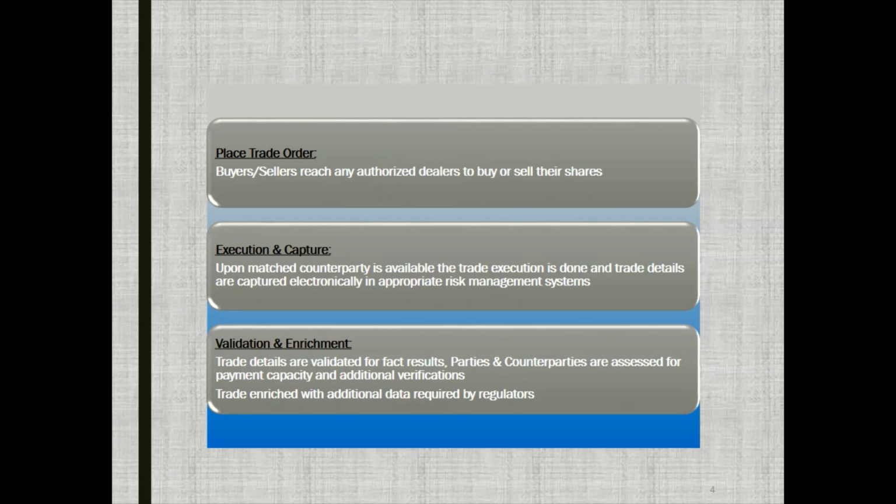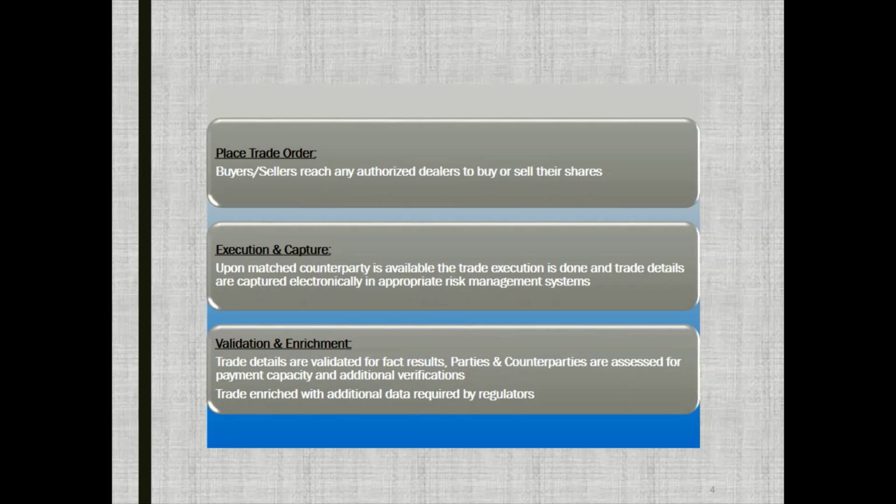The trade details from both sides are collected and captured into the electronic systems, and appropriate risk management systems are also in place to capture all these details for further analysis and processing. So this is what is done in execution and capture.